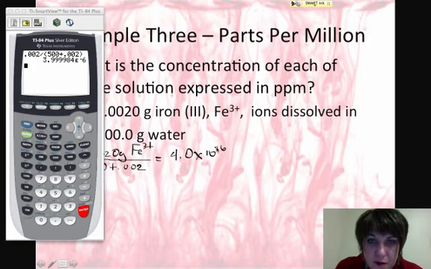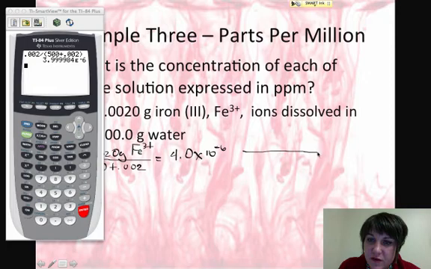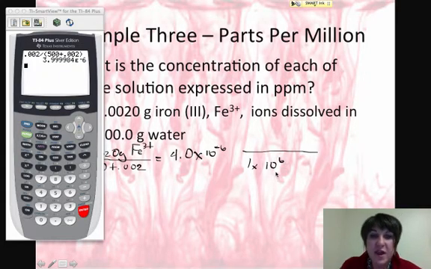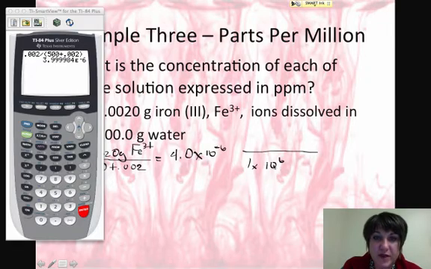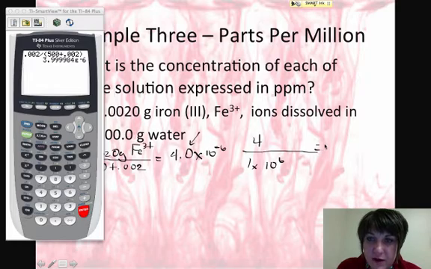Okay, so I want parts per million. So if I had 1,000,000 parts, let's make this a fraction. 1,000,000 is 1 times 10 to the 6th power. So if I have 1,000,000 parts, how many of them are going to be irons? Well, this says only 4. 4 parts per million. 4 in 1,000,000 particles will be the iron 3.